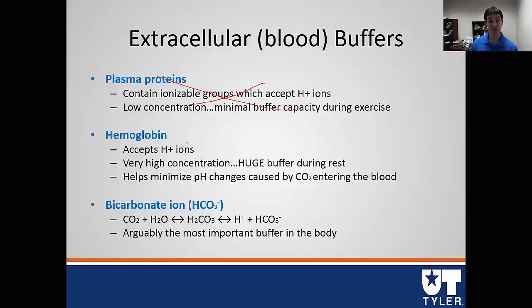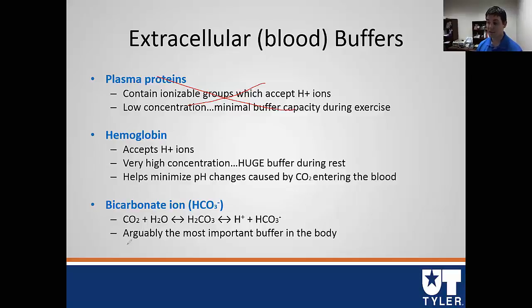That's one way we transport CO2 in a different form to the lungs for it to be exhaled out. And since we have a whole bunch, this is a huge buffer during rest, and as I mentioned, a great way to get rid of CO2 and minimizes the changes caused by CO2 being released by oxidative metabolism at rest.